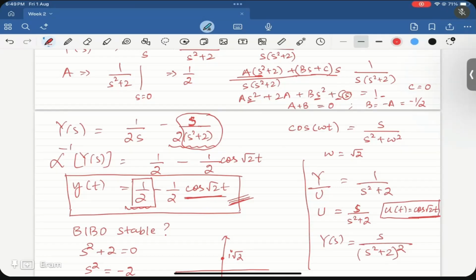It is cos(√2 t). So to find the response for this input, U(s) is s/(s² + 2). Then Y(s) will be s/(s² + 2) whole squared, right? Now can you find out the poles of this response Y(s)?